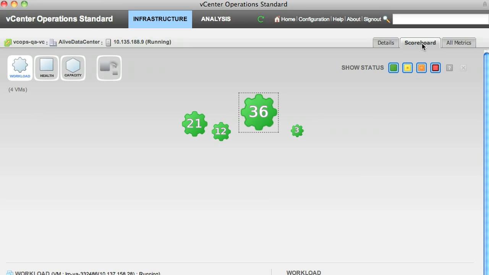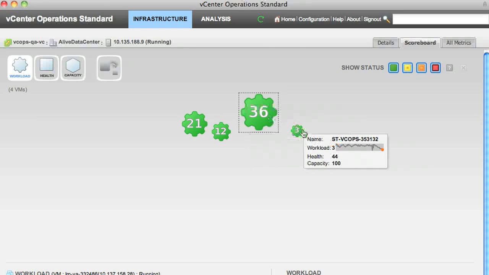They are colored by how severe their workload, health, or capacity is. In this case, their height is also affected by their workload, health, or capacity score, as well as the size. So this is another useful visualization for understanding which objects you need to focus on.